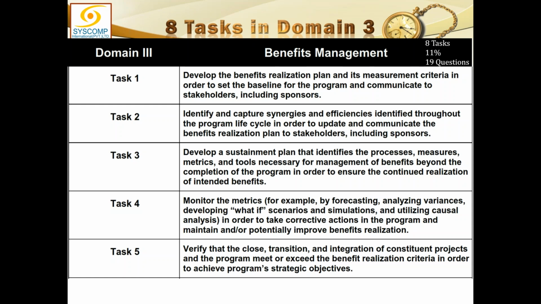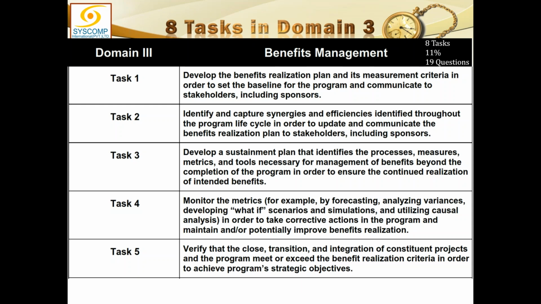Task number 4 is monitor the metrics. For example, forecasting, analyzing variances, developing what-if scenarios, simulations, utilizing causal analysis in order to take corrective actions in the program and maintain and or potentially improve benefit realization.